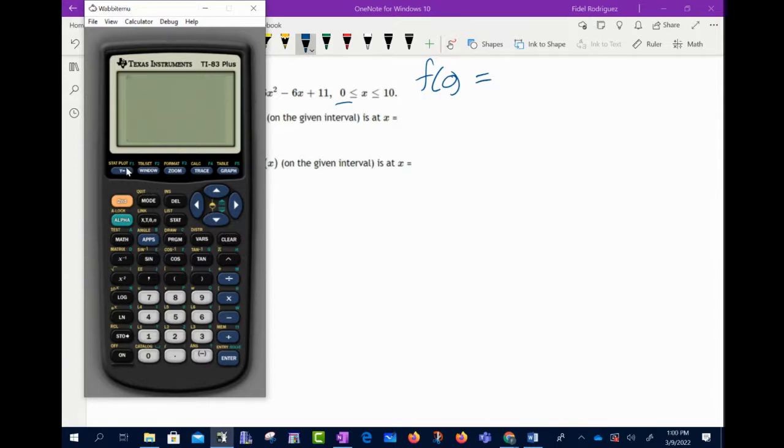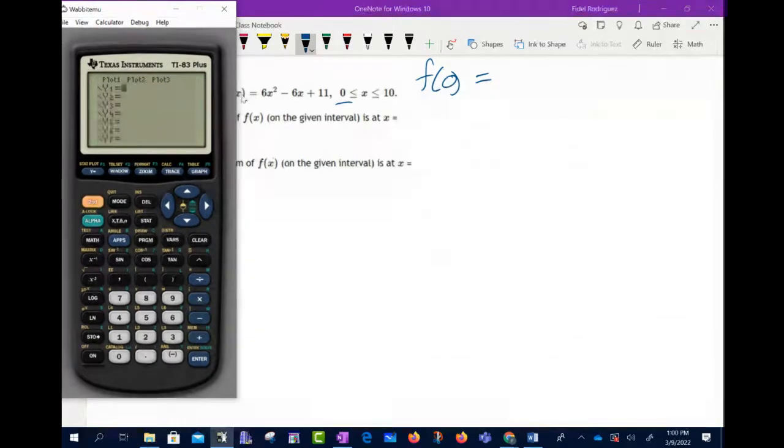This would be my recommendation. If I'm sitting where you're sitting, I would go to my graphing calculator and go to y equals. If you have anything there, clear it out. Then I'm going to type in the function that we have: 6x squared minus 6x plus 11, and hit enter.